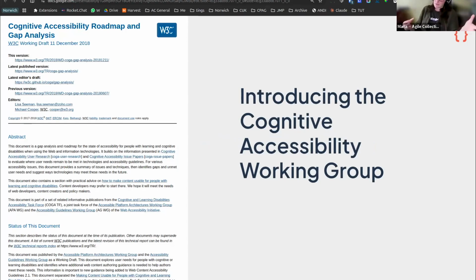There's a screenshot of one of them here. Don't try and read it. There's far too many words on the page. But they've developed quite a lot of documentation, which is a good starting point into looking into what we can do. This might look quite similar to a document I'm sure everybody's read from start to finish, the Web Content Accessibility Guidelines, which is a set of testable guidelines to make the web content more accessible.